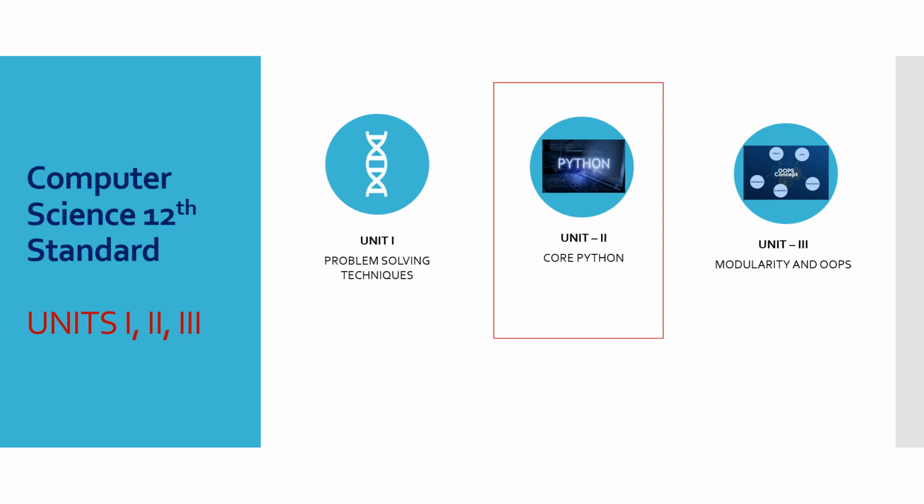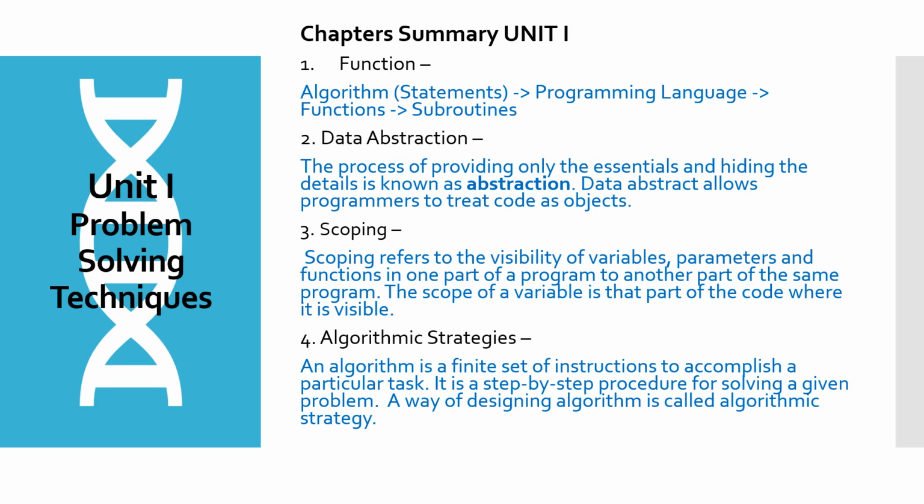So, until unit 4 and 5, we have discussed quite a number of things, and this particular slide talks about the summary of them. In unit 1, there was an introduction about what a function is, what is meant by data abstraction, what scoping is, and even the definition of algorithmic strategies.